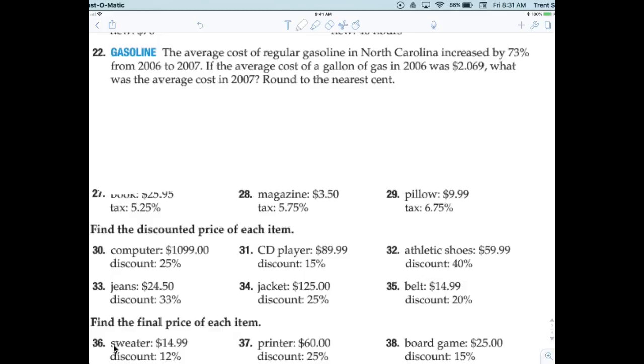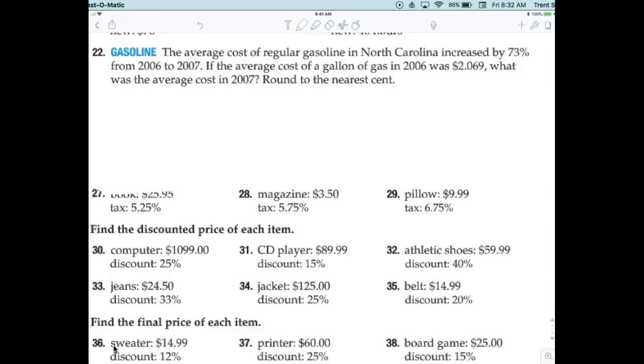All right, let me read that again, and I want someone to tell me how they would type that in the calculator. The average cost of regular gasoline in North Carolina increased by 73% from 2006 to 2007. If the average cost of gas in 2006 was $2.069, what was the average cost in 2007?